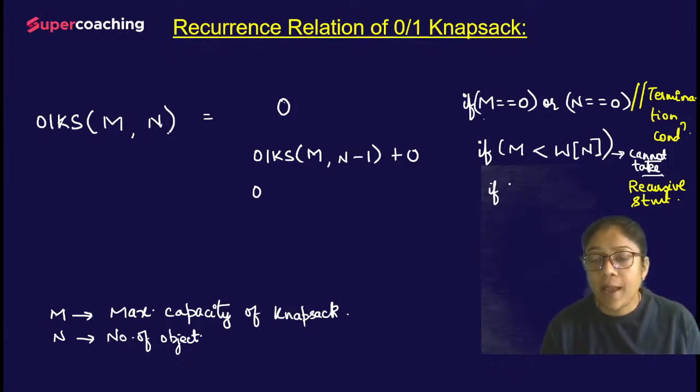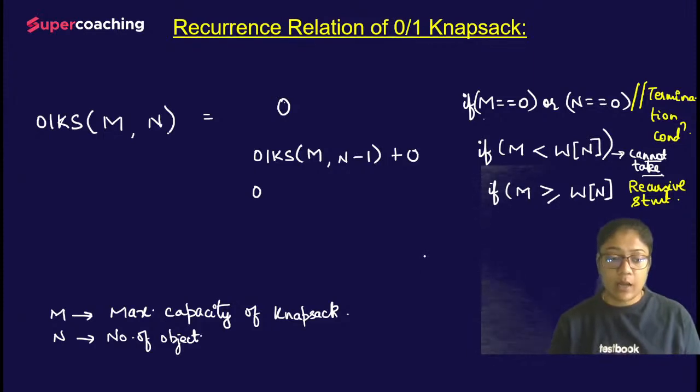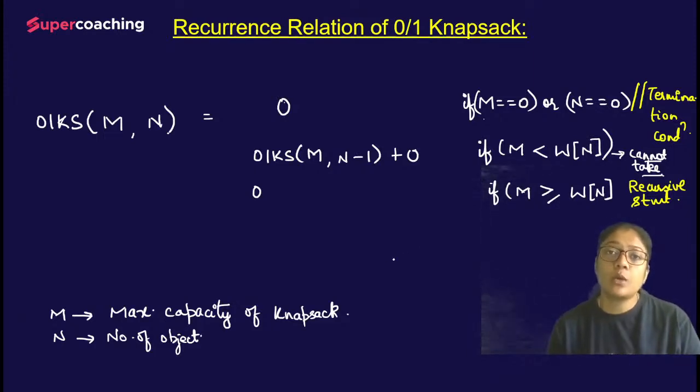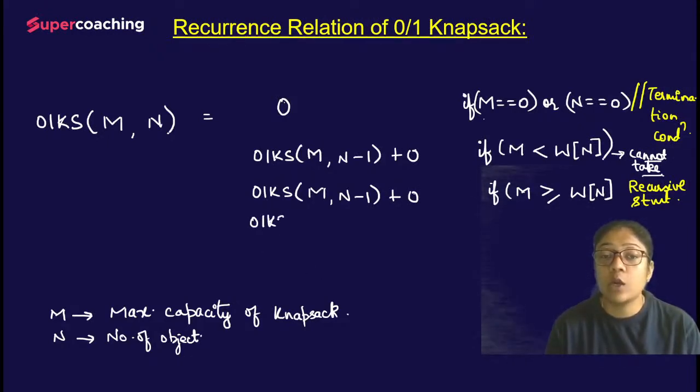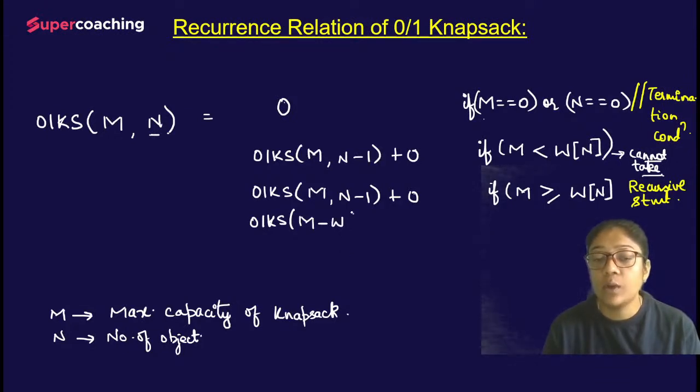Next one, other cases, if the capacity of a knapsack is greater than or equal to weight of the nth object, तो हमारे पास दो केसेस बनेंगे। हम चेक करेंगे कि पर्टिकुलर ऑब्जेक्ट को कंसिडर करके मैक्सिमम प्रॉफिट मिल रहा है या रिजेक्ट करके। So in 01 knapsack, if we are rejecting the object तो कैपेसिटी रिमेन्स द सेम, rejected the object. If the object is taken, अगर ऑब्जेक्ट लिया है तो कैपेसिटी will be updated, मैक्सिमम कैपेसिटी में जो भी nth ऑब्जेक्ट का वेट होगा that will get subtracted, this is the first parameter.